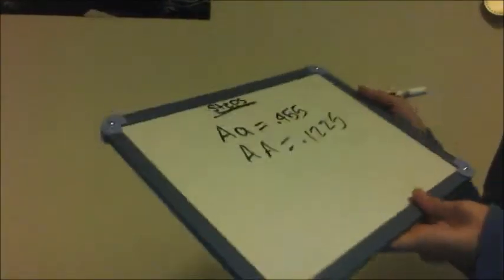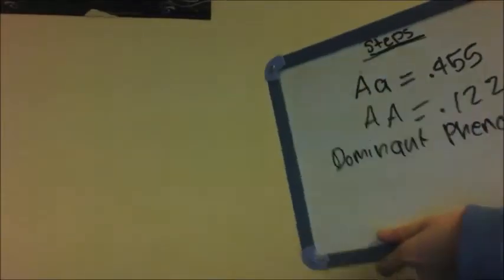In order to get the dominant phenotype, we need to add these up. So it's going to be 0.455 plus 0.1225, and that's going to give us 0.5775.